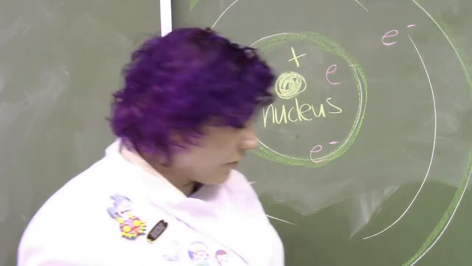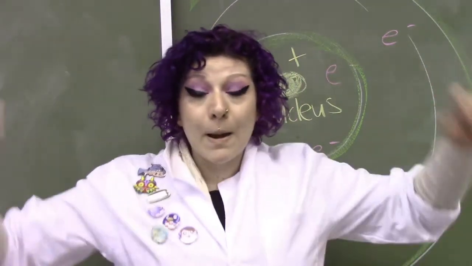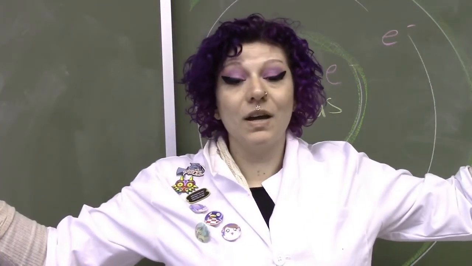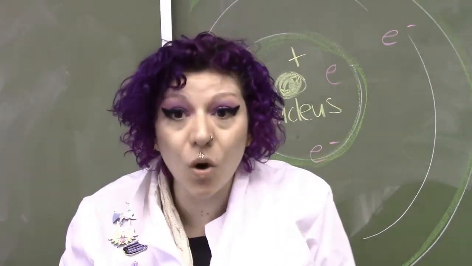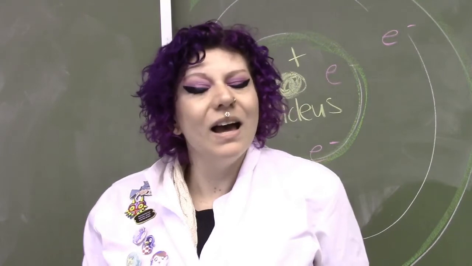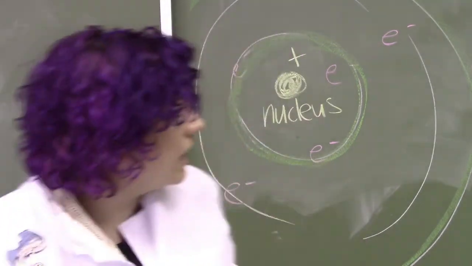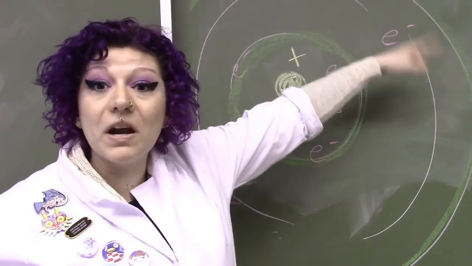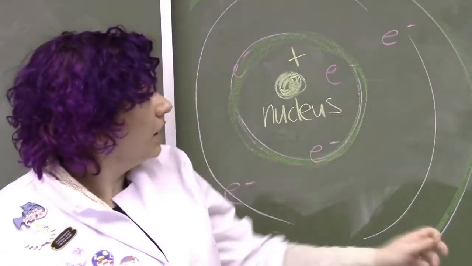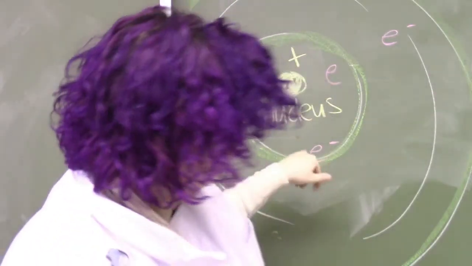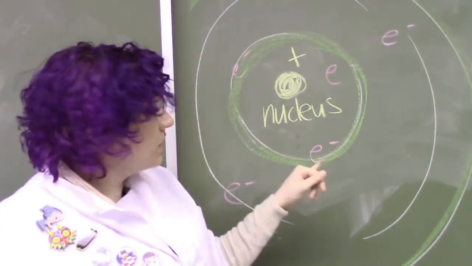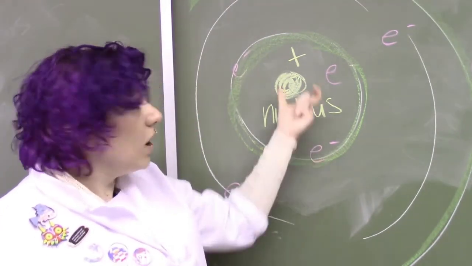So that is why bigger atoms have a lower ionization energy. It takes a lot less energy to pick off those very outer electrons. If an atom is small and tightly bound, it's going to be a lot harder to pull these electrons away.